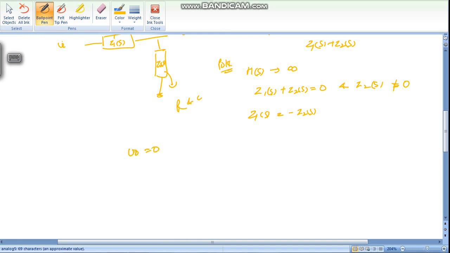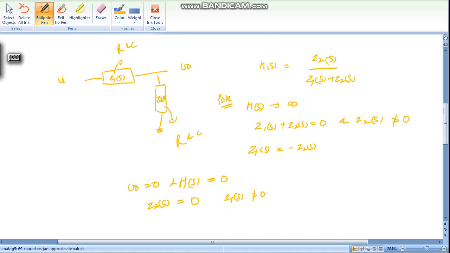Vo equals 0, or H(s) equals 0. This is possible only if Z2(s) equals 0 but Z1(s) is not 0. It means this is shorted, it is 0, but Z1 is not 0.